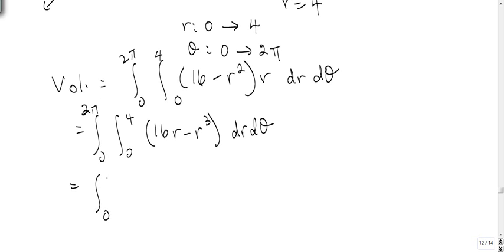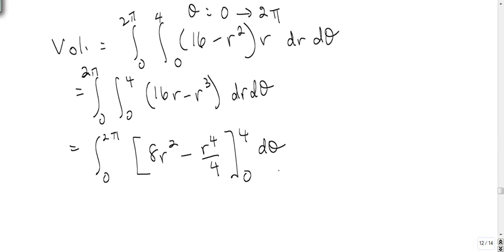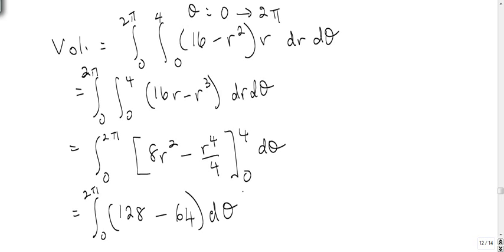Okay, integrate. 0 to 2 pi of 8r squared minus r to the 4th over 4 from 0 to 4 d theta. Okay, you need to help me here. 4 squared is 16. 16 times 8 is what? 128. Thank you. And 4 to the 4th over 4 is 4 cubed, which is 64. d theta.